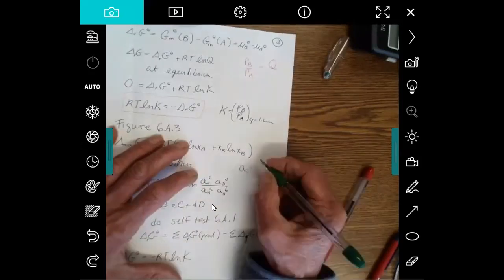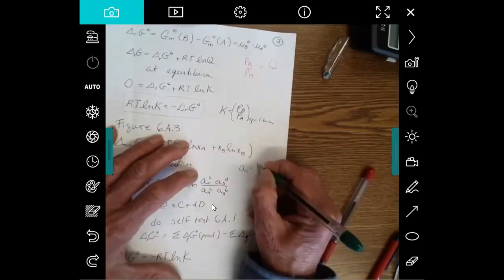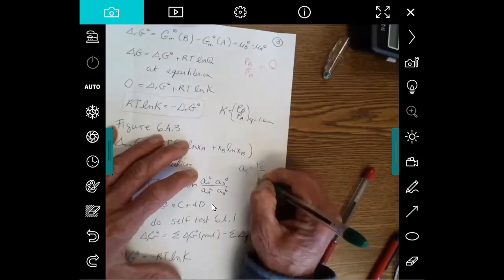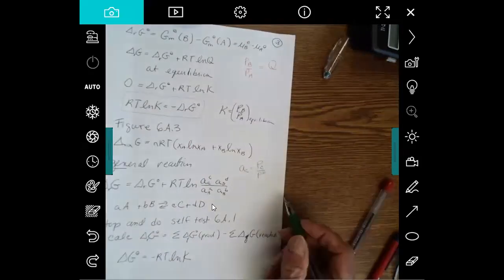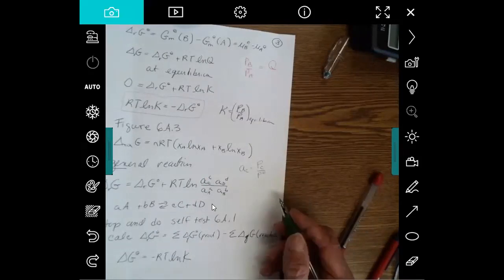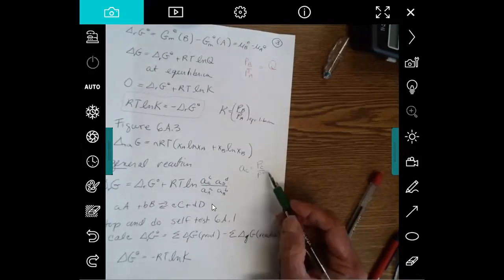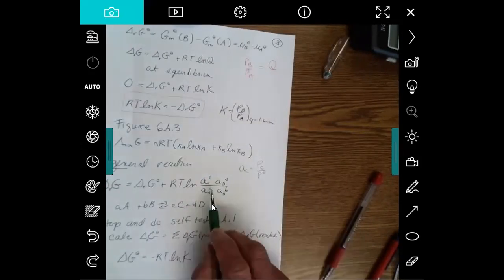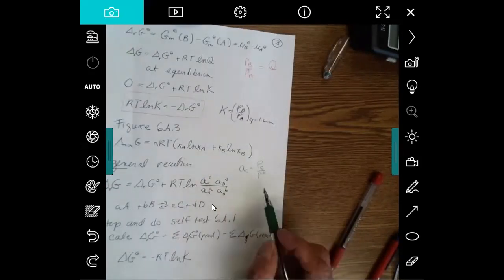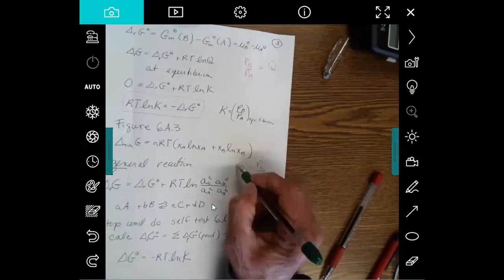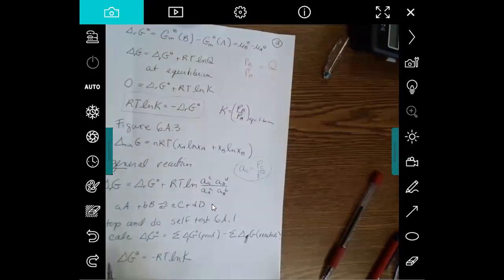With activities, you don't have to worry about this, because the activity of a perfect gas is equal to the partial pressure of C over the standard state pressure. So as long as we're working in activity and not concentration, this really I don't need to talk about right now. Sorry.